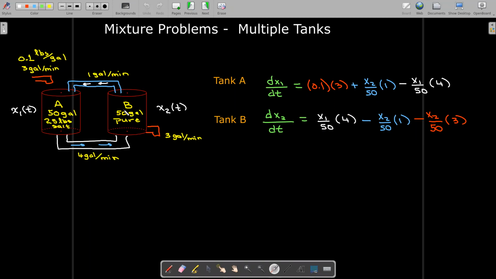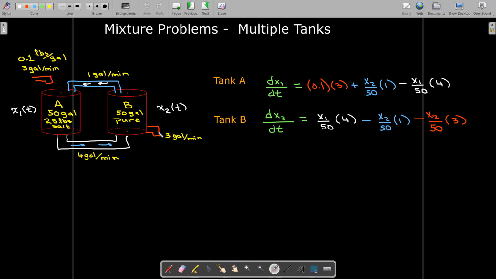What's leaving tank B? We have some being pumped back into tank A at a rate of 1 gallon per minute. Its concentration is whatever the concentration is in tank B, the amount of salt divided by 50 gallons.